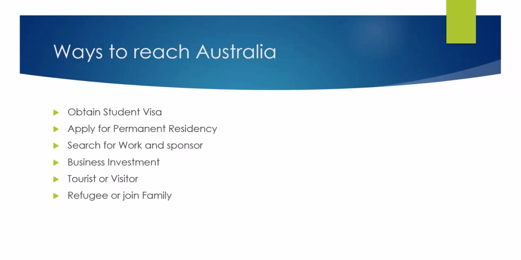Next is tourist or visitor visa. And there are many other visas, some of them that we are going to discuss today that are a bit relevant, and quite few people come here to Australia in that category as well, that is as a refugee or as a family reunion.